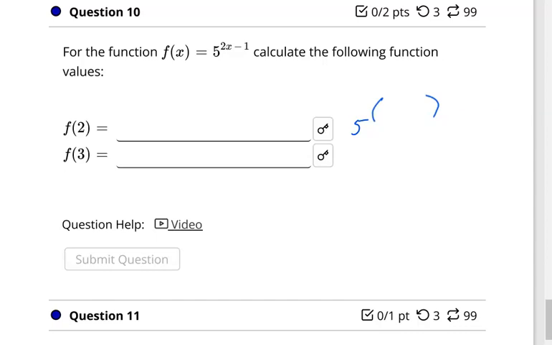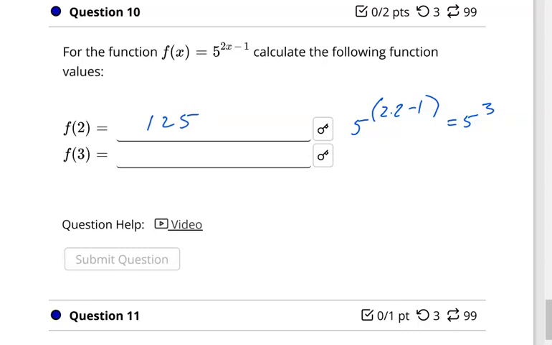So 5 to the 2 times 2 minus 1, or 5 to the 4 minus 1 equals 5 to the third. Well, that one I can do in my head. 5 times 5 times 5. 25 times 5 is 125.